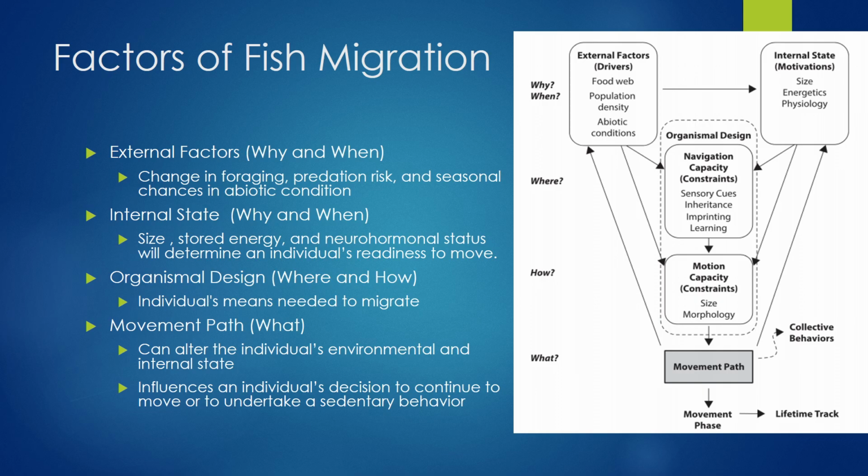We also want to look at the path of movement, which is the what, and this can alter the individual's environment and internal state, and it can influence an individual's decision to continue moving or undertake a sedentary lifestyle. And these are just movement phases, and they can be tracked throughout an individual's lifetime.